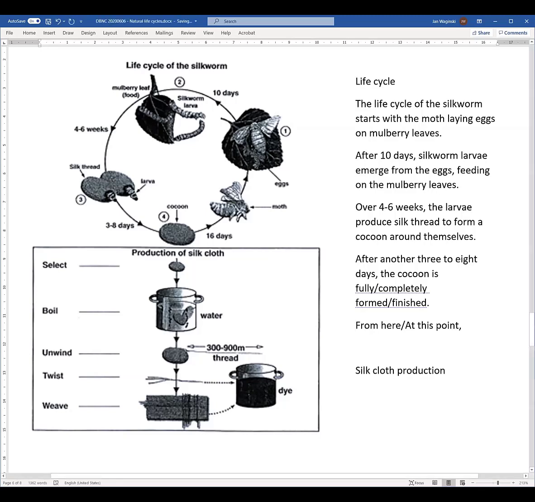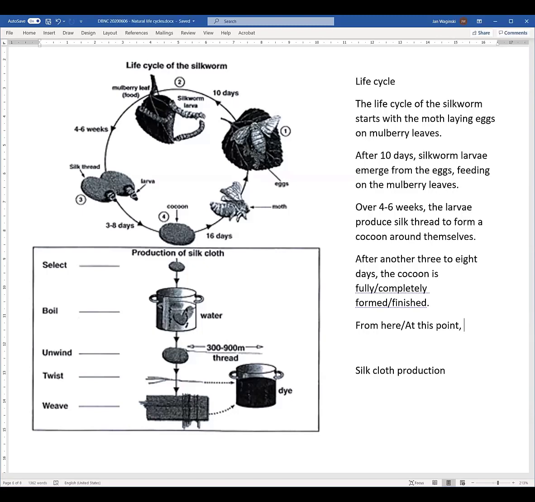Either the cycle will start again or at this point, production of silk clothes starts. Yes, but something else can happen too.